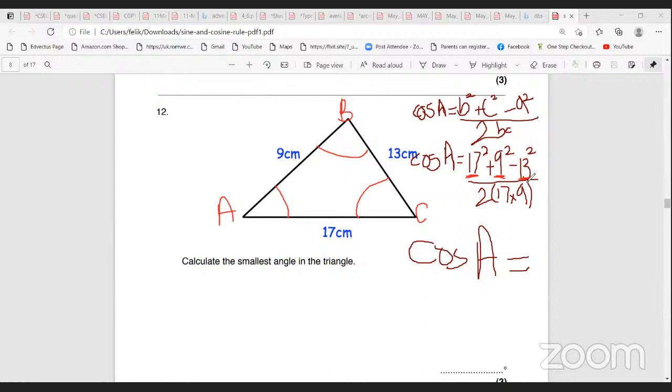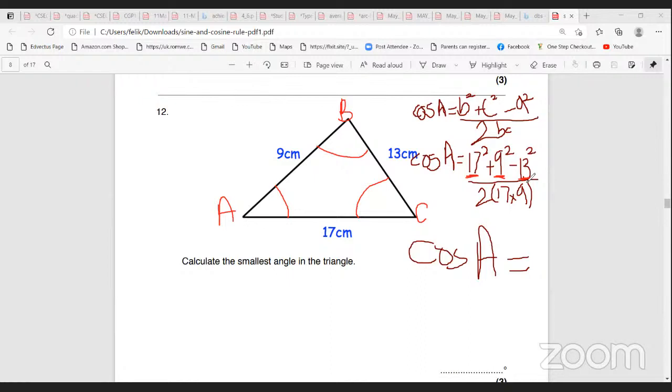The top part now, the numerator. What do you get for the answer? 17 square plus 9 square minus 13 square.